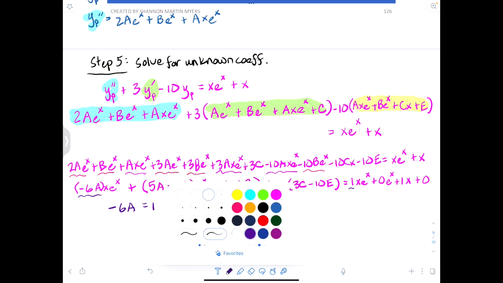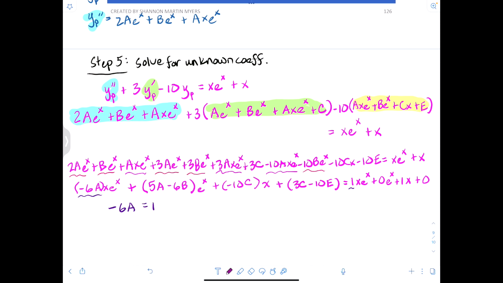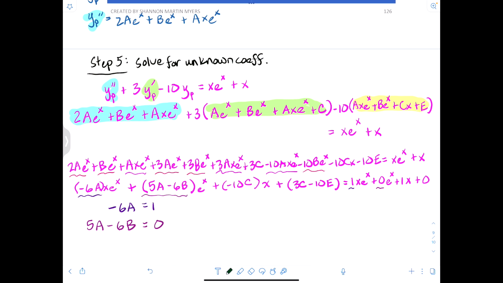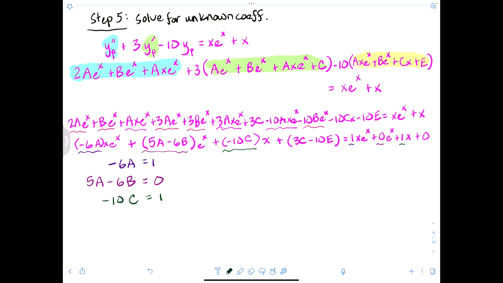And we would also equate 5a minus 6b equal to 0, because that's the coefficient to the e to the x term. And then, continuing, negative 10c has to equal 1, because those are the coefficients to the x terms.